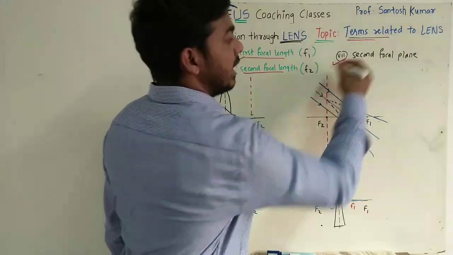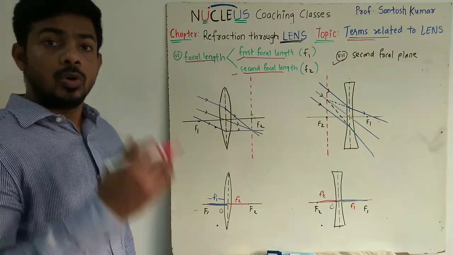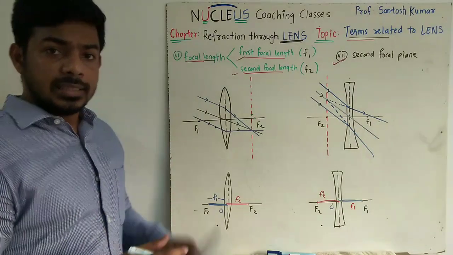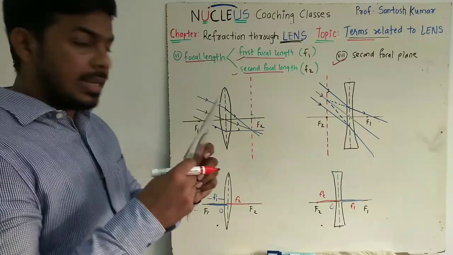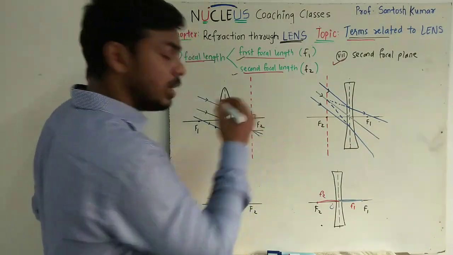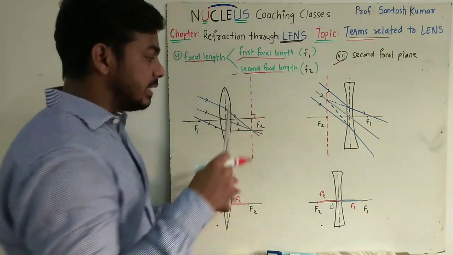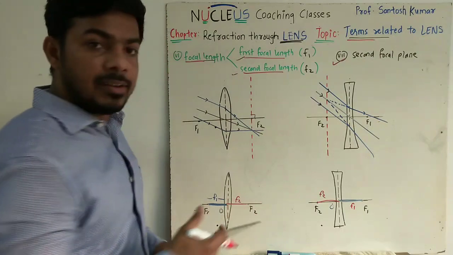Now we will study the last term, called the second focal plane. This is a plane, and I will draw a plane perpendicular to the principal axis and passing through principal focus f2. You can see the red line which I have drawn.